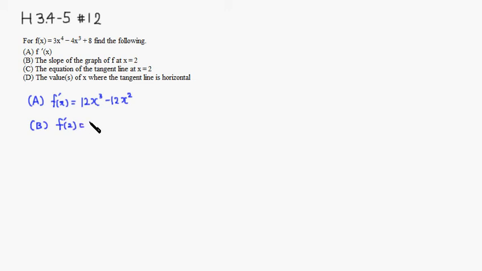This is going to be 12 times 2 cubed minus 12 times 2 squared, which is 12 times 8, which is 96, minus 12 times 4, which is 48. So 96 minus 48 is 48.